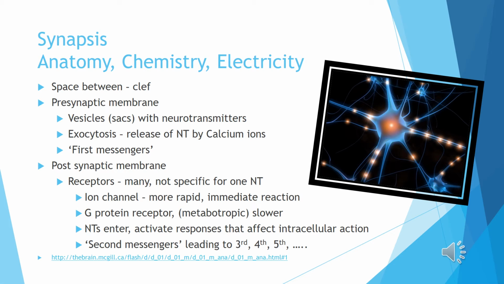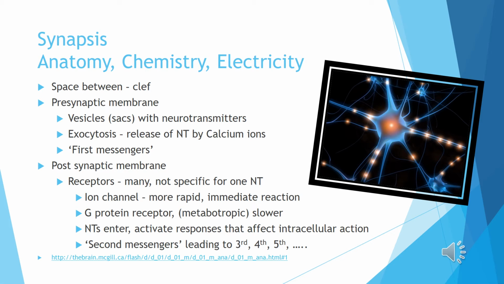Down the axon, from the soma, down the axon, comes an electrical charge of calcium that's going to hit that vesicle sac and cause what's called exocytosis, which just means getting out of the little sac. And that's going to release neurotransmitters into the synapse that are going to then bind on the postsynaptic membrane.